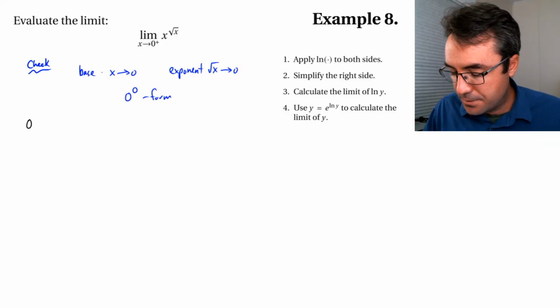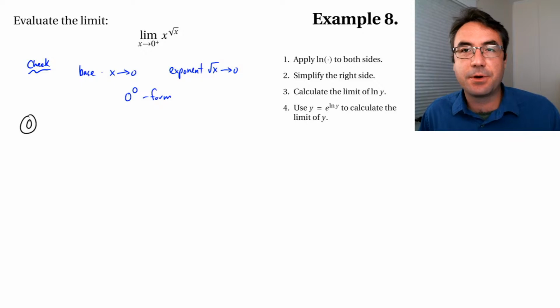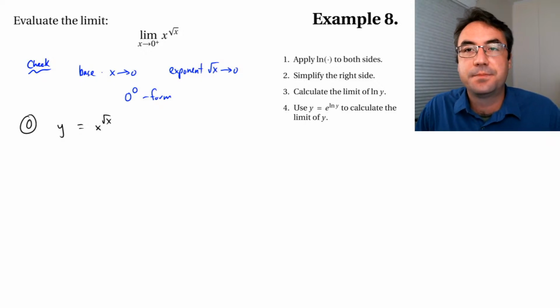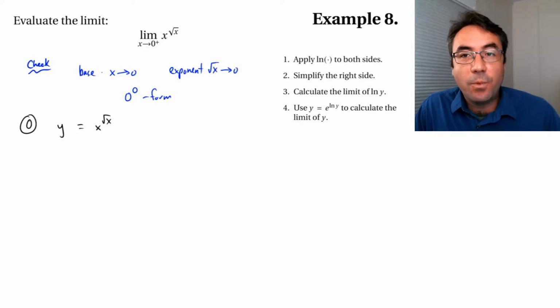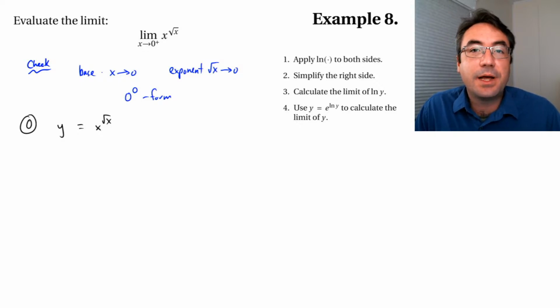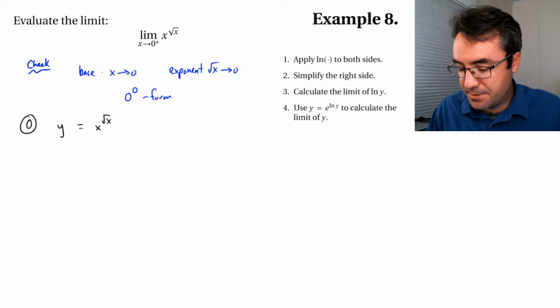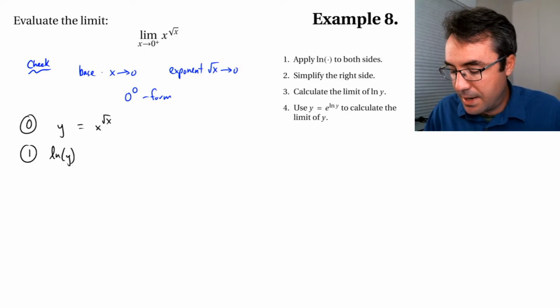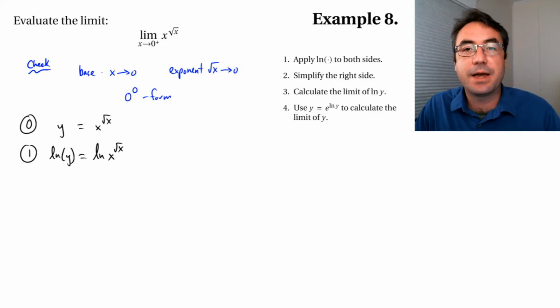So let's start, call it step 0. We're just going to write down our function, and we'll call it y, just to give it a name. Then in step 1, we're going to apply natural log to both sides. So we get natural log y on the left, we get natural log x raised to the power square root x on the right.